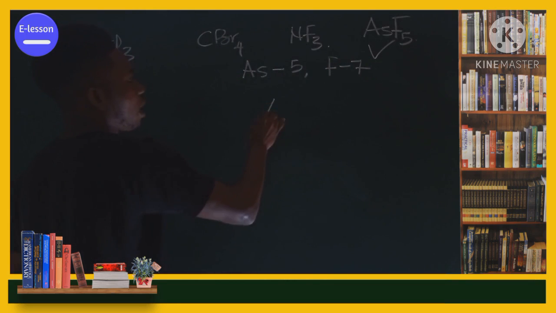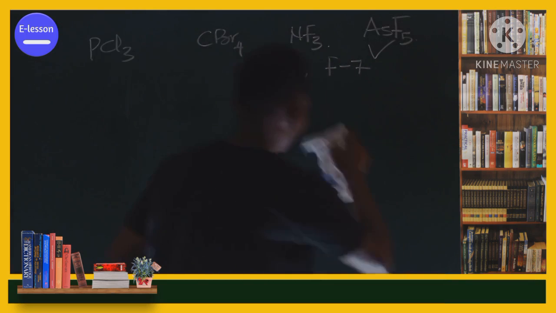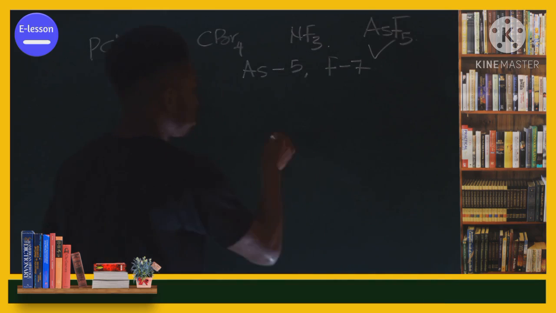So we have arsenic again. Now we have arsenic. It has 5 valence electrons, which we are going to fill here.